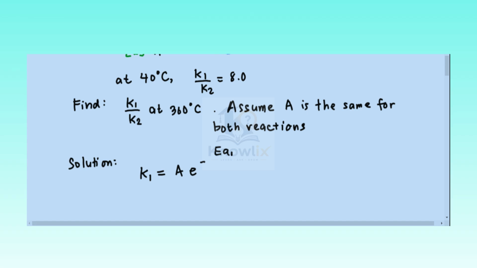We have a different activation energy for reaction 1 and reaction 2, so this one is for reaction 1. And also for k2, we have A e to the negative Ea2 over RT.